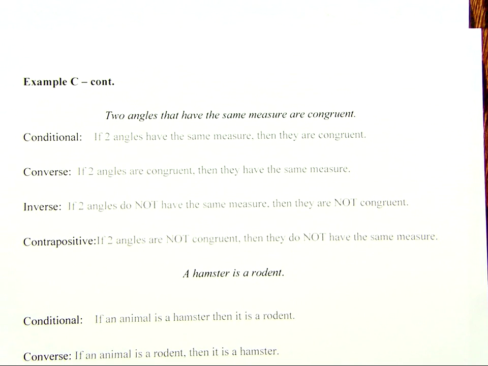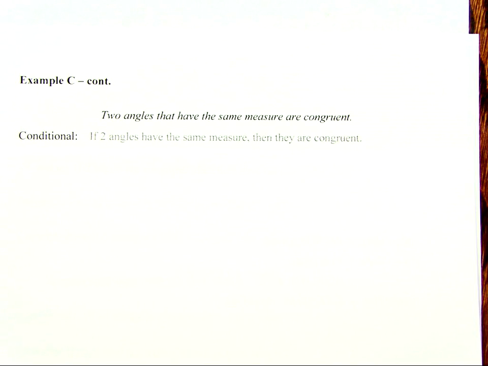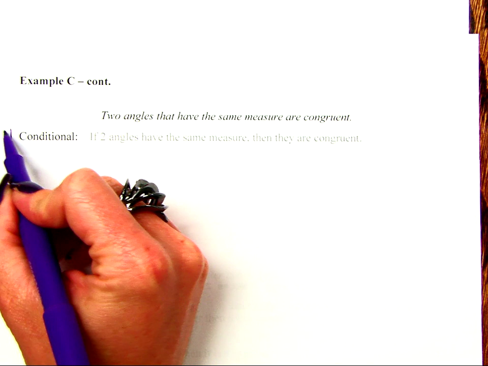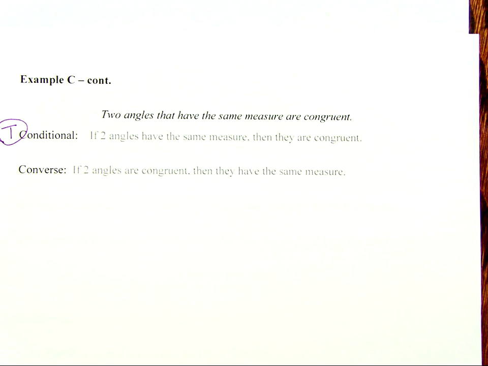If we look at a statement, 2 angles that have the same measure are congruent, and we want to turn it into a conditional, that's the if-then statement. I said if 2 angles have the same measure, then they are congruent. I just added my wording in there, my if and my then. We know that that is true. What about the converse? If I switch them around, if 2 angles are congruent, then they have the same measure.